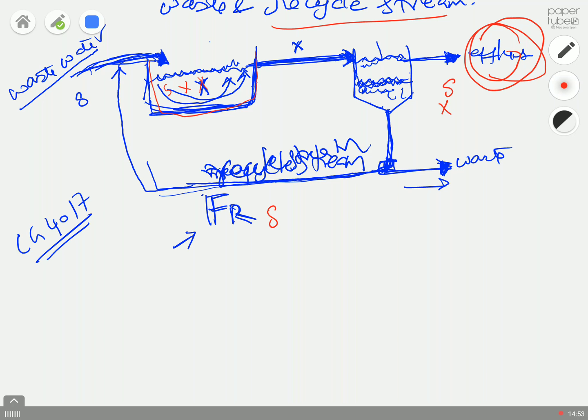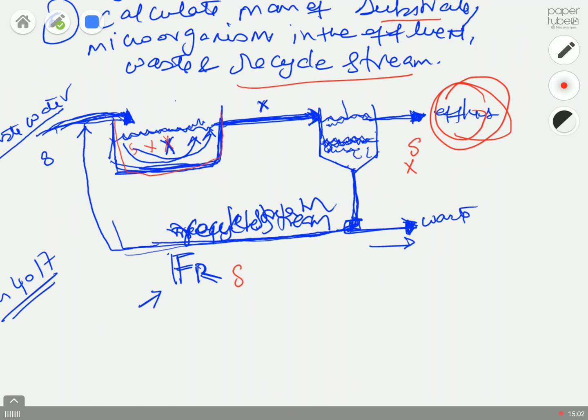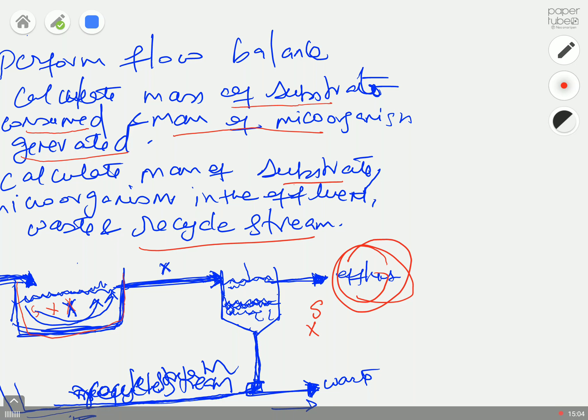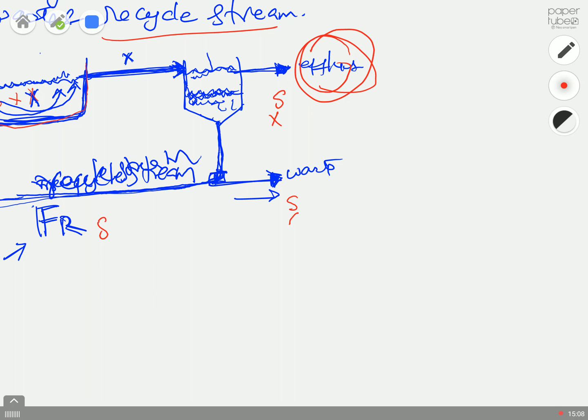So you have to calculate mass of substrate and microorganisms in the effluent, mass of substrate and microorganisms in the waste, and mass of substrate and microorganisms in the recycle stream. So these are the things that you have to calculate.